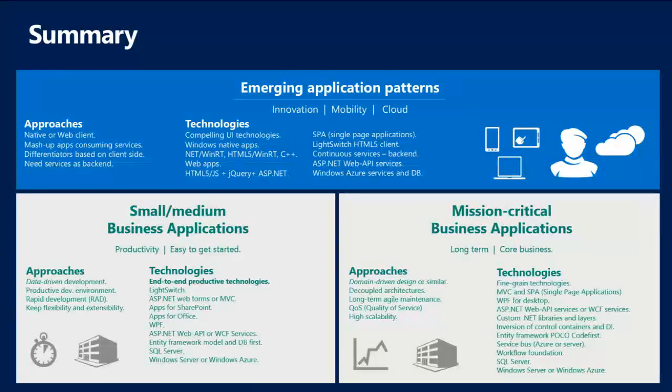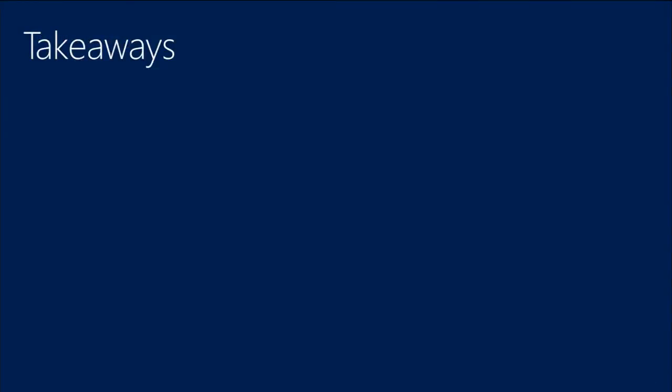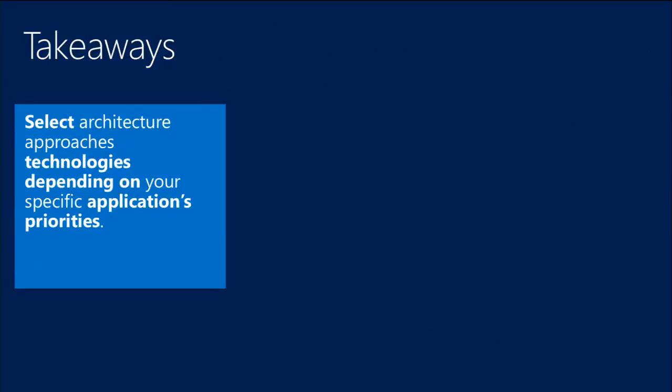So with that, just a few takeaways I'd like to highlight. First of all, like I said quite a few times, you need to select the architecture approaches and the technologies depending on your application priorities, on your business priorities.